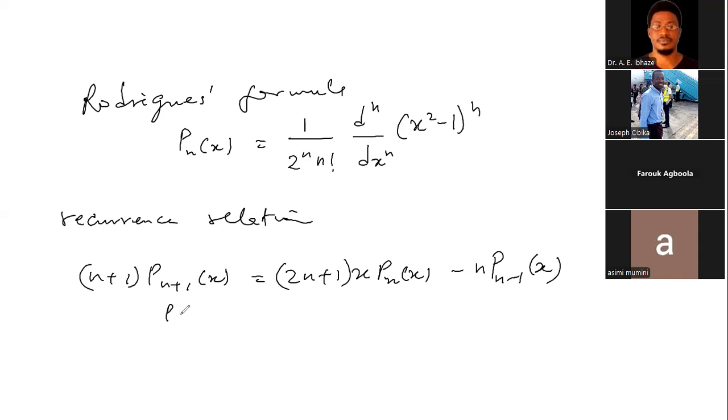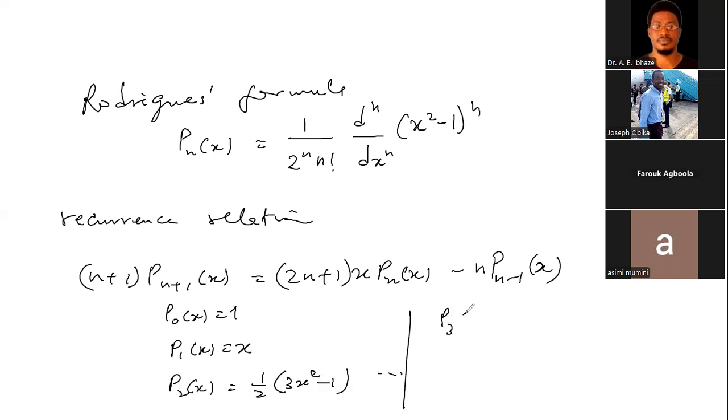So P naught of x is the same as 1. Then P1 of x is the same as x. P2 of x is the same as 1 over 2, times 3x squared minus 1. So we can go on and on, okay? P3 of x is the same as 1 over 2, times 5x cubed minus 3x.